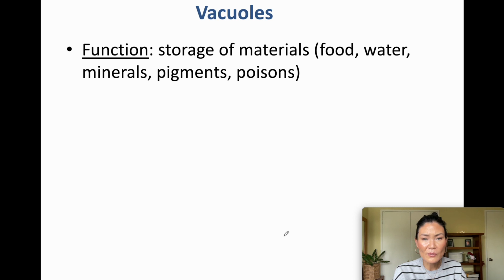Okay, vacuoles. There was a food vacuole that you saw earlier. So vacuoles are basically little vesicles that can store things like food, water, minerals, and these are more for plants. Vacuoles in plants are going to store water, minerals, pigments.